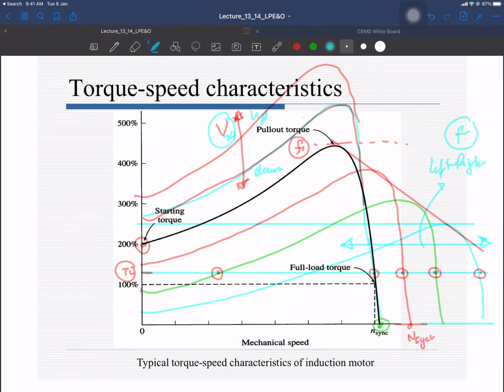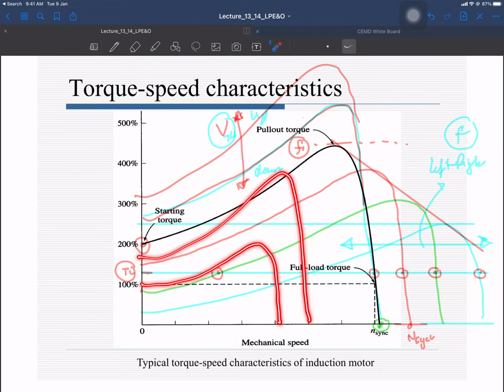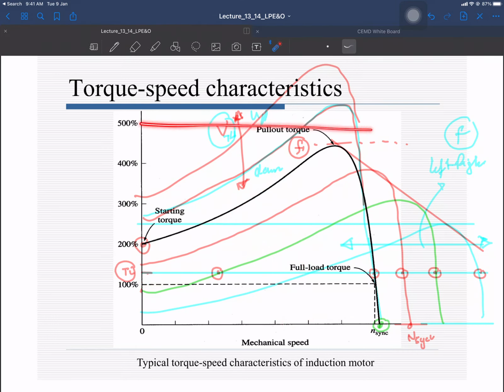So within those boundary limits, because on this axis you have the limit of the frequency, when you change the frequency, you change the synchronous speed. Torque speed curve may be like this. For another voltage and frequency combination, it may be like this. So for different voltage and frequency combinations, you can have different torque speed curves. So we can say this is the upper limit of the voltage, right?